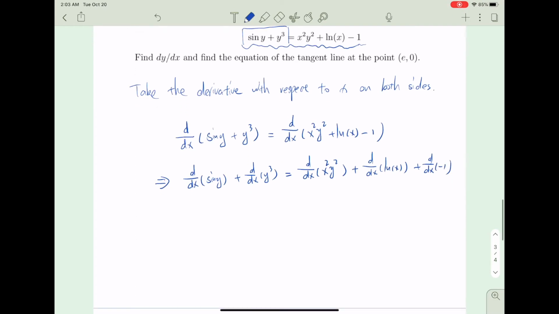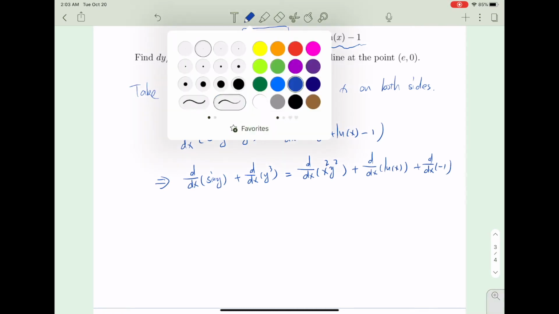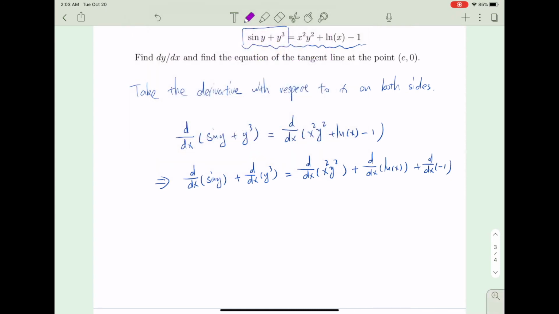Now let's take a look at the first term here, d over dx of sine of y. We're gonna view this as a composition of two functions. I write this out just for educational purposes, but in the exam you don't have to if you've already understood how this works.